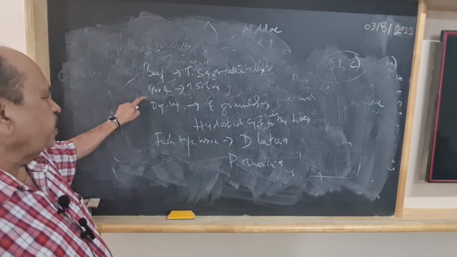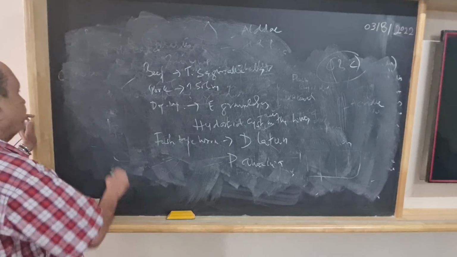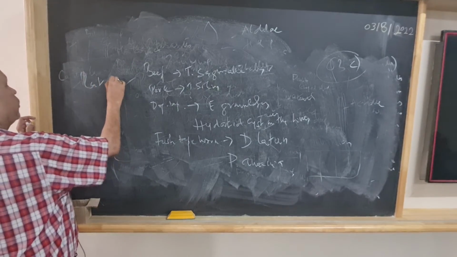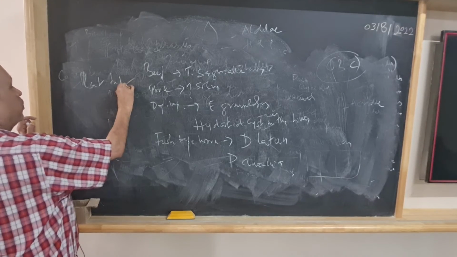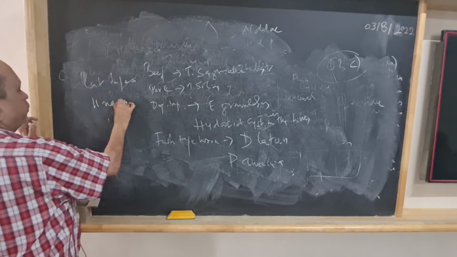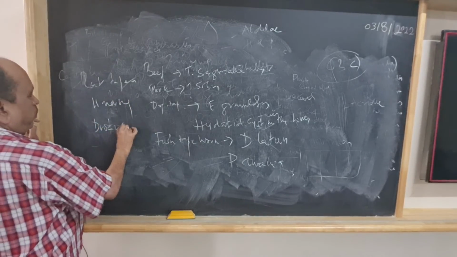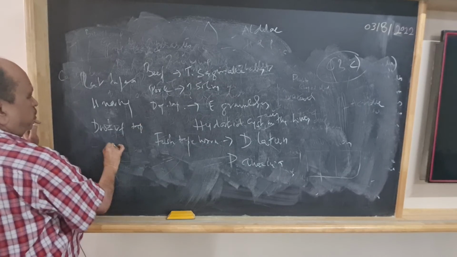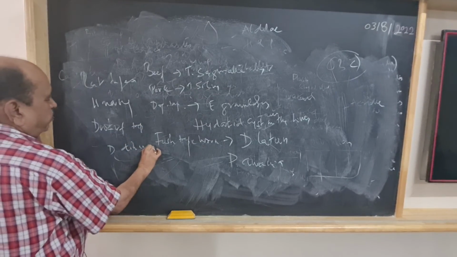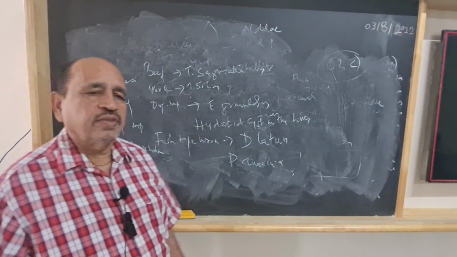Beef tapeworm, pork tapeworm, dog tapeworm, fish tapeworm. There is a rat tapeworm, called Hymenolepis nana, and there is a dwarf tapeworm, called Hymenolepis diminuta.